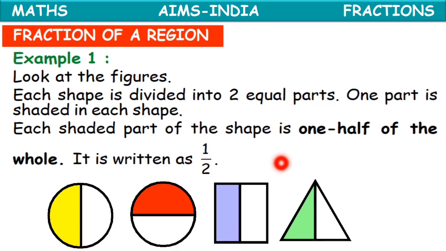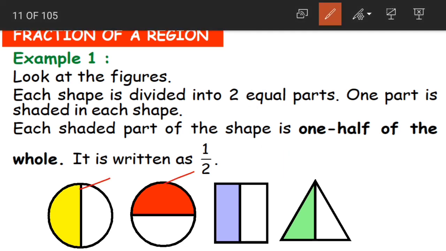If you look at the figures here, we have a circle, rectangle and a triangle. This is one single object which is divided. Divided into what? Into two equal parts, children. So what did we learn?